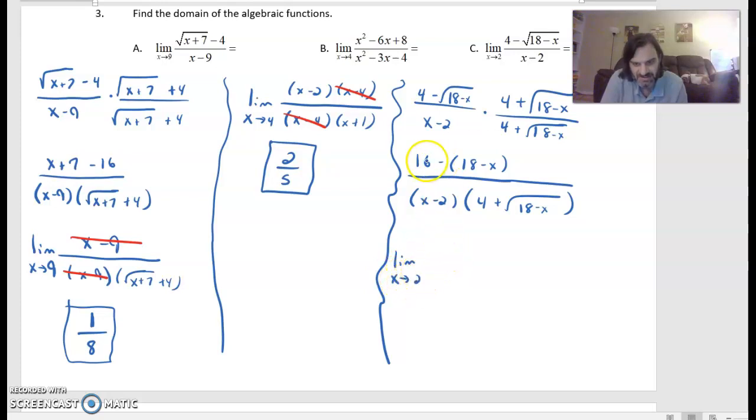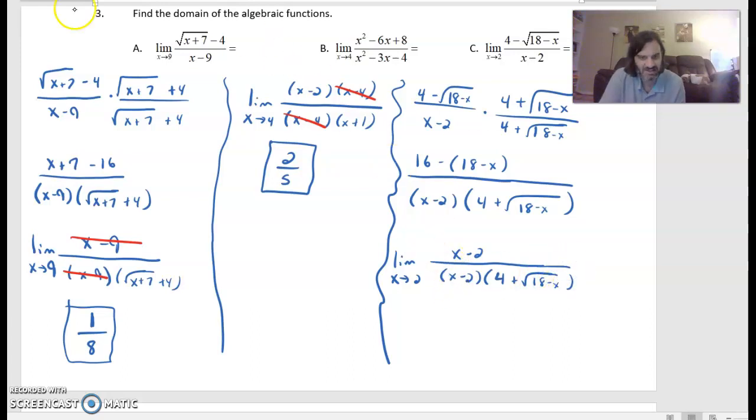The top becomes 16 minus 18, which will be negative 2, and minus times minus x, so the top will become x minus 2. And that's good because we see the x minus 2 factor on the bottom. Now if you try and multiply these bottom parts together, it makes your life more difficult. But that's still times the conjugate that we created, 4 plus the square root of 18 minus x.